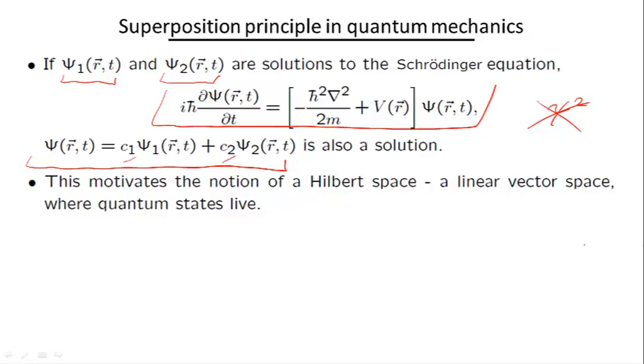To remind you, a linear vector space is a basic concept of linear algebra, which implies a set of elements that we call vectors, such that we can define a sum of any two vectors, and a sum of any two vectors itself belongs to this set, to this vector space, and where we can also define a multiplication by a constant, either real or complex, depending on the circumstances.